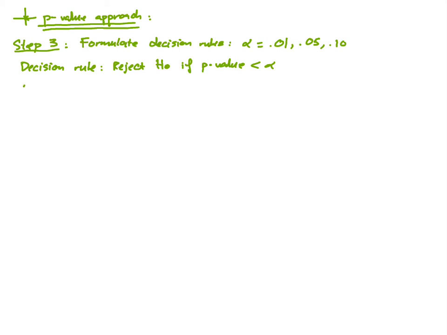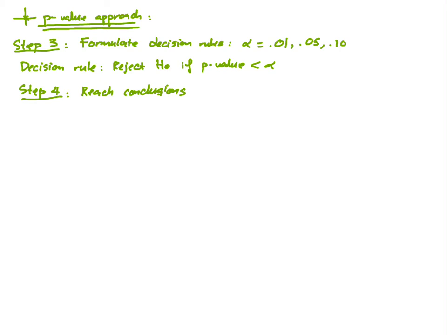So now let's move on to the last step, step 4, where we try to reach our conclusions. Before we can make any conclusion, we need to know what the p-value is, right? Remember that this is an upper tail test where we know the population standard deviation.